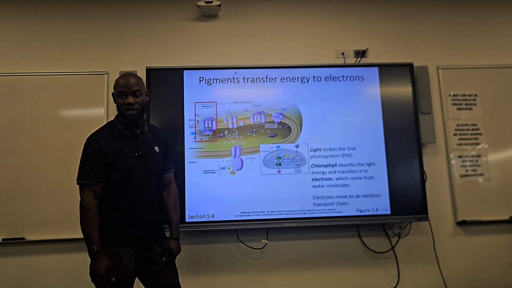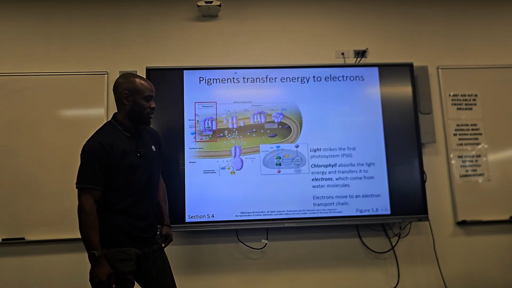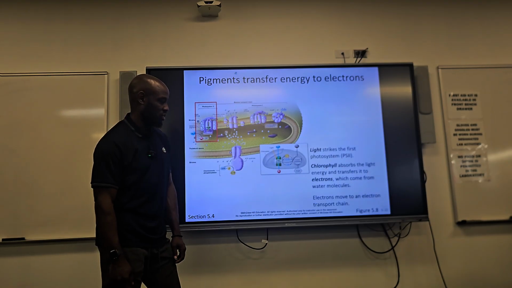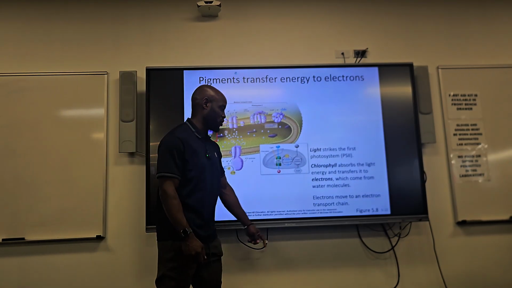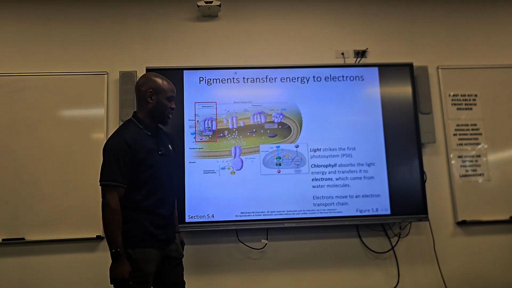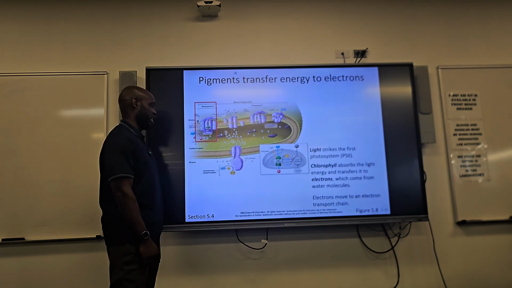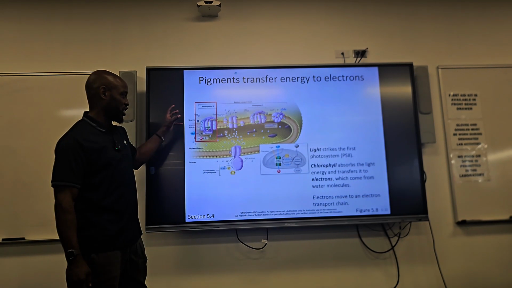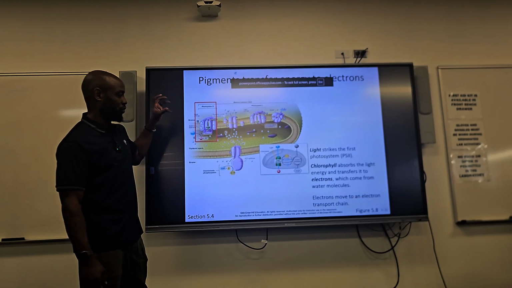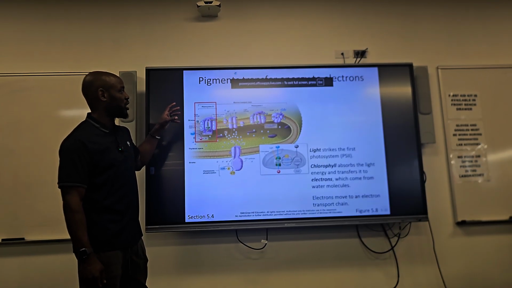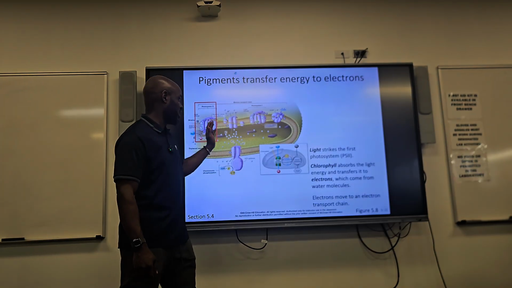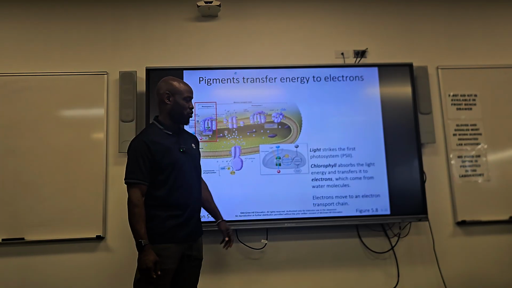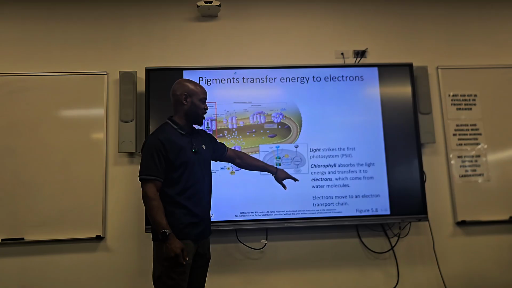Remember, H2O, hydrogen and oxygen. So it transfers that energy from the light to water molecules, and electrons move to an electron transport chain, right? So using water, the energy goes from the light to the water, and then down this electron transport chain, transporting energy and releasing energy.